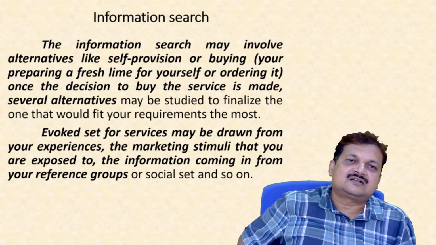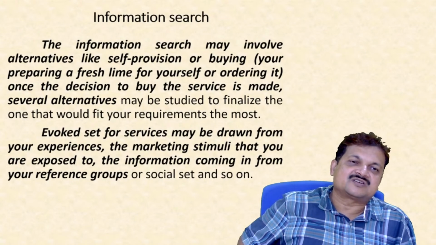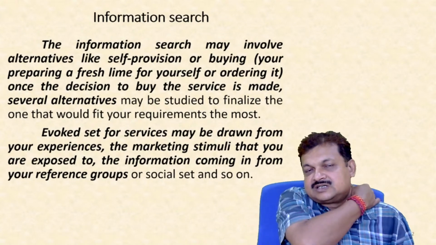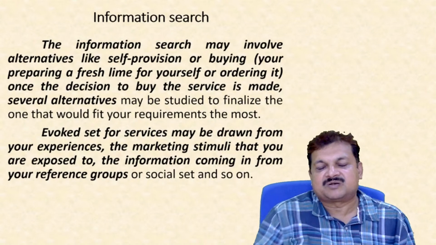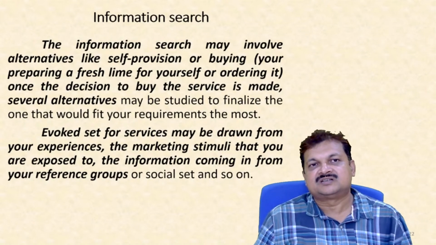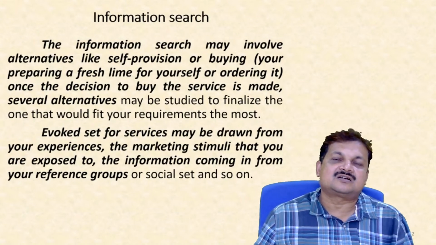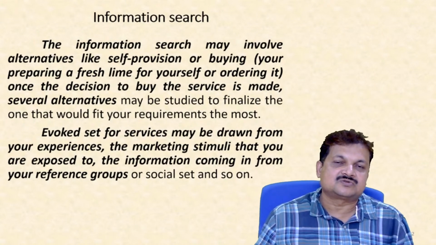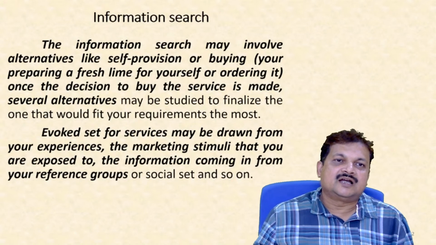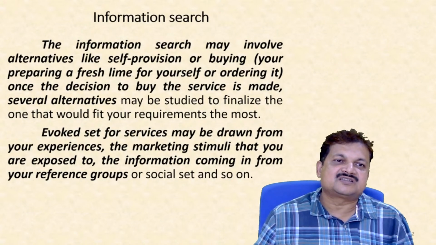Very often we are exposed to different kinds of advertisements and sources: sales promotion, print medium advertisement, electronic medium advertisement, cell phone and internet services. All this information comes to us through stimuli, and the decision to buy a service is made from several alternatives. Out of those alternatives, we find out which we require most.